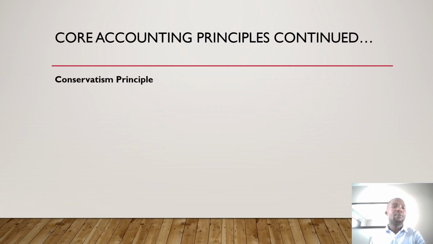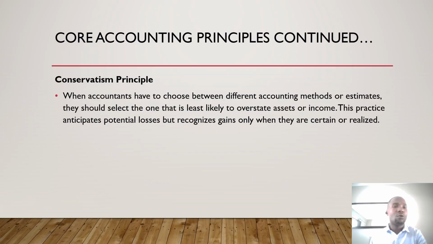The next principle is the conservatism principle. So when accountants have to choose between different accounting methods or estimates, they should select the one that is least likely to overstate assets or income.